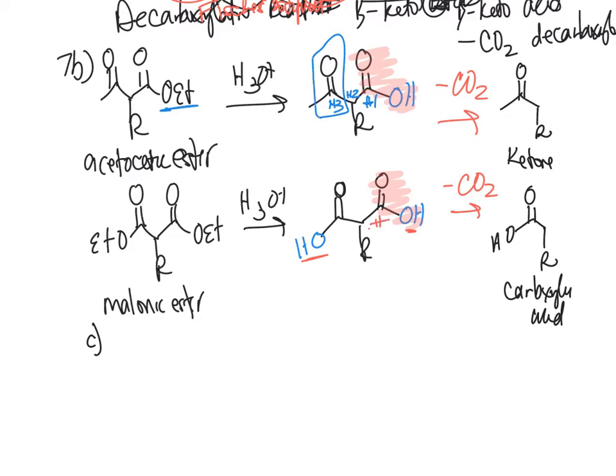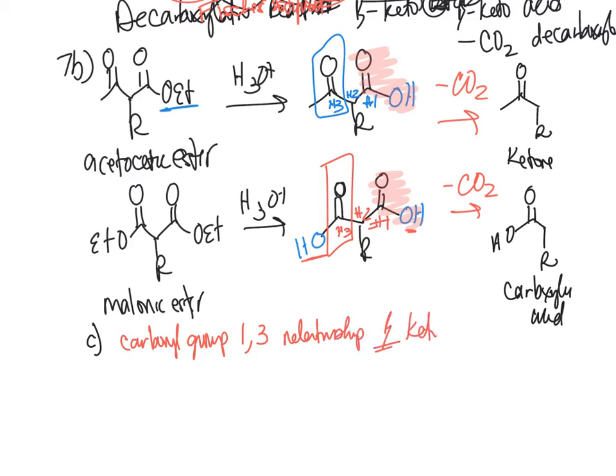Over here, that's number 1, that's number 3. So the carbonyl groups are a 1-3 relationship, and that's a beta. That's the beta keto or beta carbonyl carboxylic acid, and those are the ones that undergo decarboxylation.